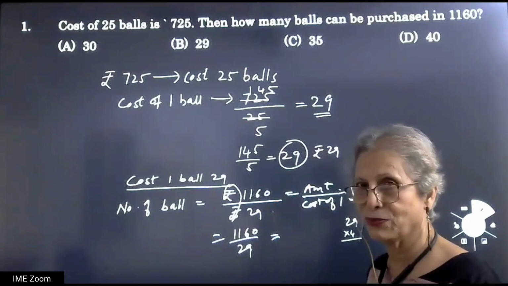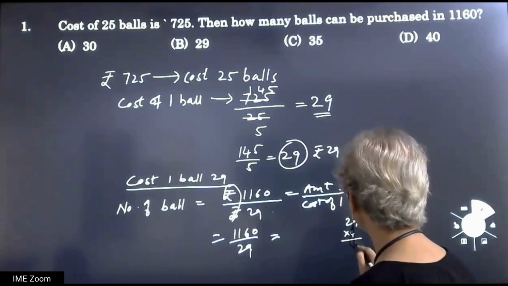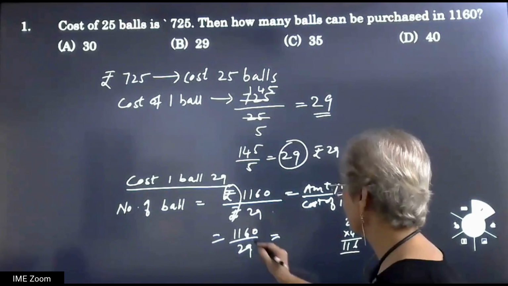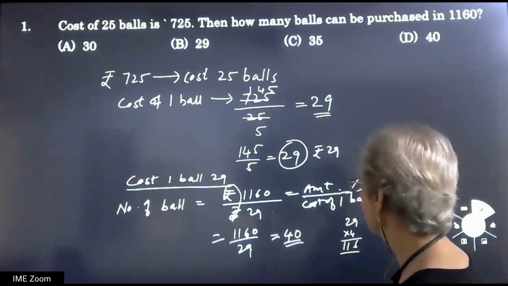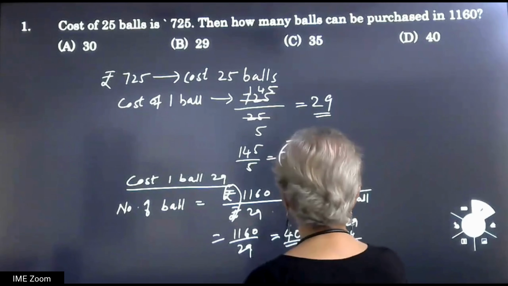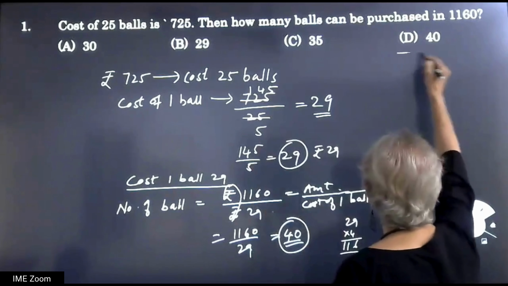Otherwise, just prepare a table of 29 and find out. And therefore 4 nines are 36, 3. Yes, it is 116, and therefore the answer is 40. So how many balls can be purchased in 1160 rupees? The answer is 40 balls, right? Where is 40? Yes, the option is D.